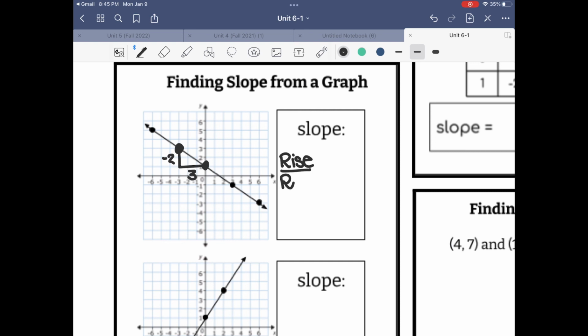Now, my slope is always rise over run, so my rise is negative 2, and my run is 3. That's it. My slope is negative 2/3. Like I said, most of the time it's going to be a fraction.